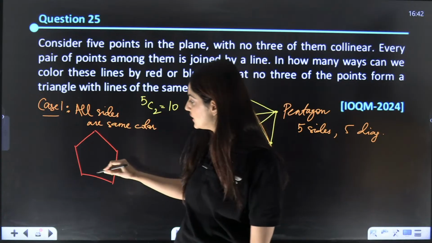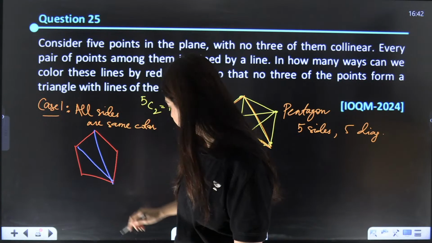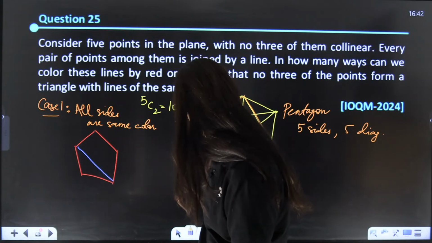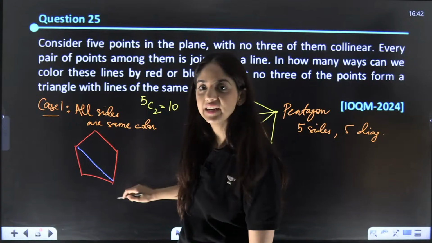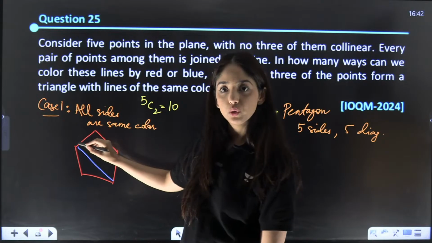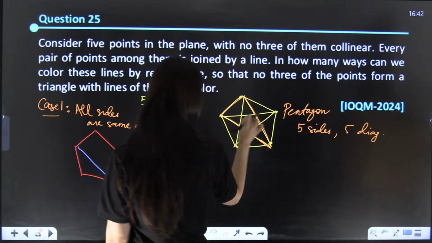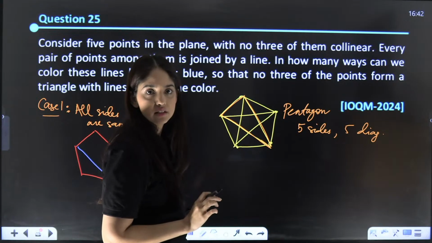Basically, if we pick this triangle, if we pick these 2 sides, then the third side cannot be red. So it has to be blue. And that has to be true for every diagonal, because every diagonal here is forming a triangle with 2 adjacent sides, right?